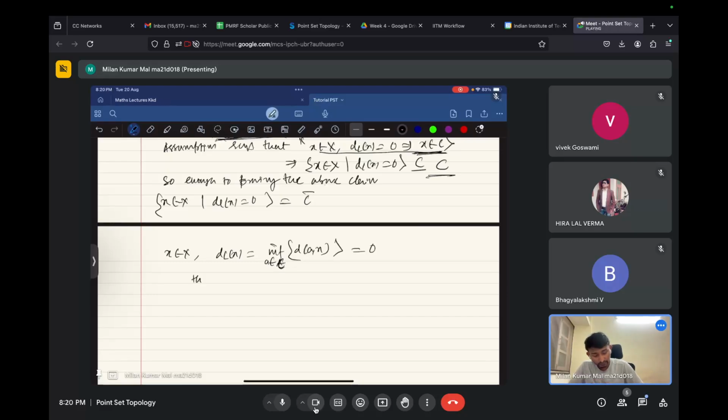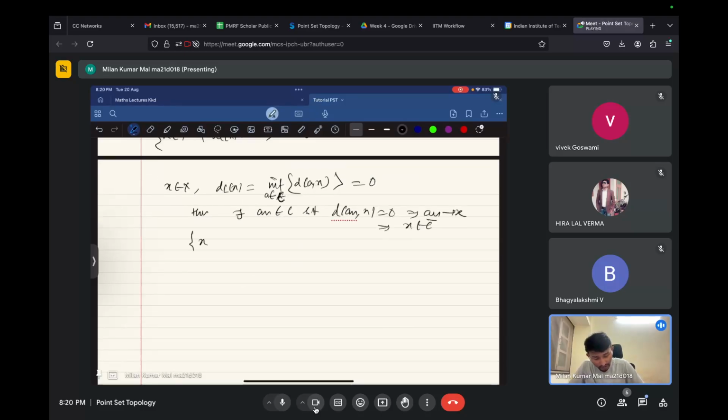That means there exists a sequence a_n belonging to C such that d(a_n, x) goes to 0. That means a_n converges to x, which means x is inside C closure. So this set of x in X such that d_C(x) equals 0 is a subset of C closure, which we already proved previously, but still okay.